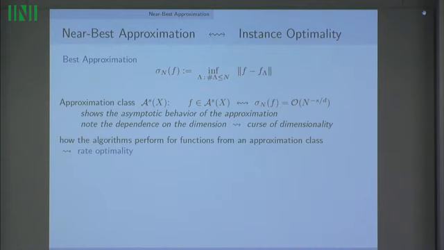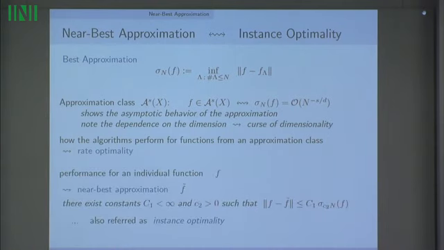We usually, in approximation theory, define approximation classes, which are the functions for which the rate of approximation is n to some power. This is the rate optimality. However, we want to consider something more.